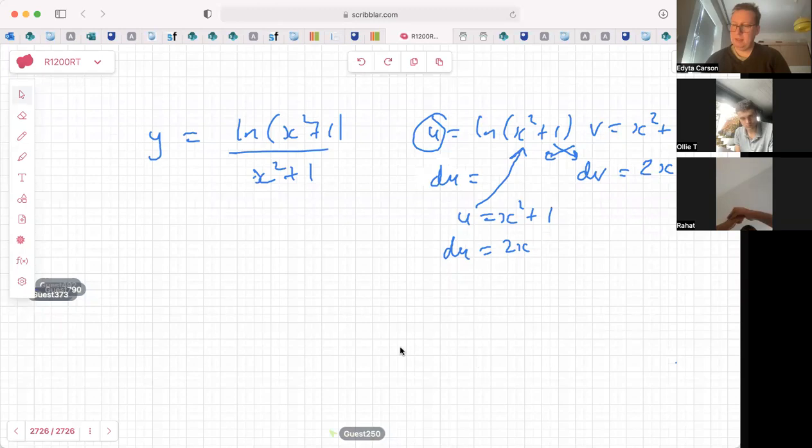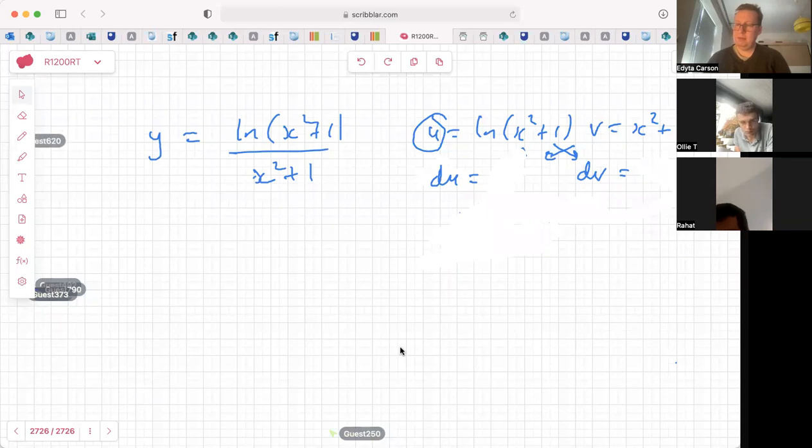So I'll just backtrack a bit. Just skip through the videos this bit. So we have u is equal to log x squared plus 1, v is equal to x squared plus 1, because we're going to use the quotient rule here. So this is u, this is v. I'll just label them to the right.